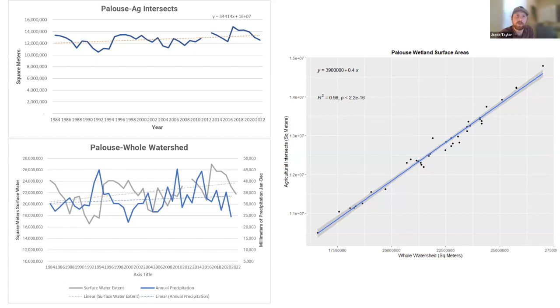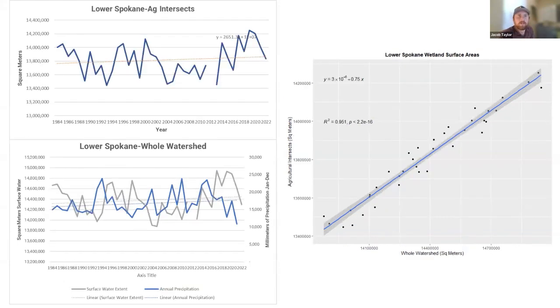And let's see, let's go to the next slide. Here's Lower Spokane. Had a little more variation in the data on this one. Still a pretty high R-squared value, above 0.95. One other thing worth pointing out here is we did have a gap in our data there at 2011 that everybody always asks me about.